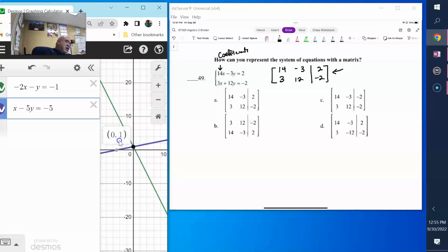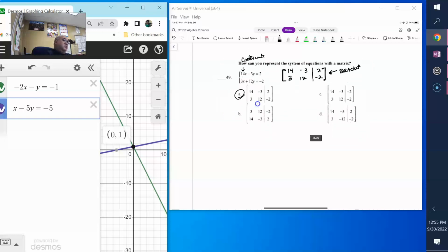This is called a bracket. This is columns. These are rows. So it's going to be 14, -3, 2, 3, 12, -2. So the answer is A. That's 49.